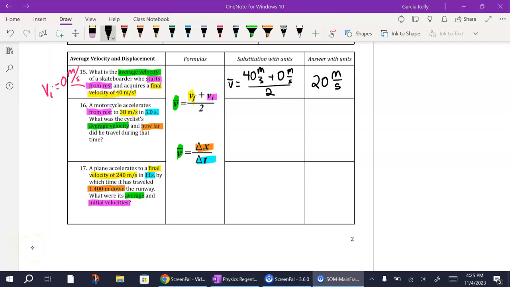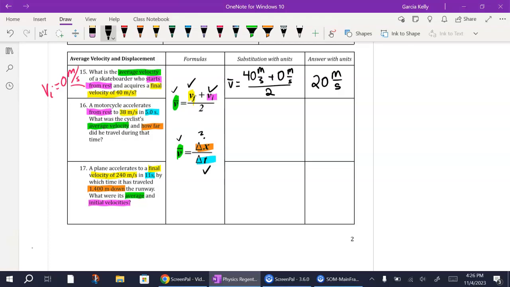Let's go to the next problem. So they're asking me what was the average velocity, and they also want to know how far it traveled. I have time, I have yellow, I have initial. So if I multiply my average velocity and my time, I can get my distance.